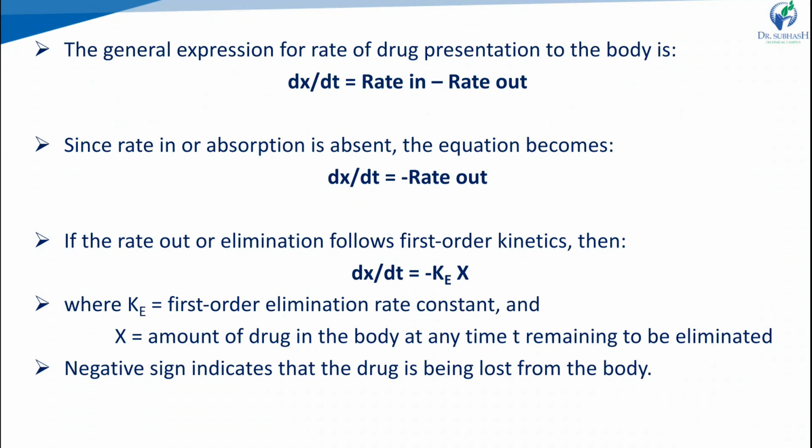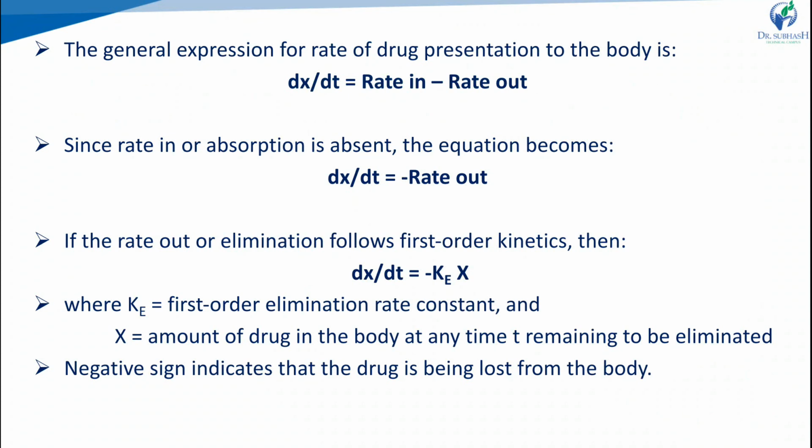That is the general process, the change in amount with time. For a rapid IV bolus or rapid IV injection in the one compartment open model, the rate in, or rate of absorption, is negligible or absent, so we do not consider the absorption phase. The equation becomes dx by dt equals minus rate out, depending only on the elimination phase.